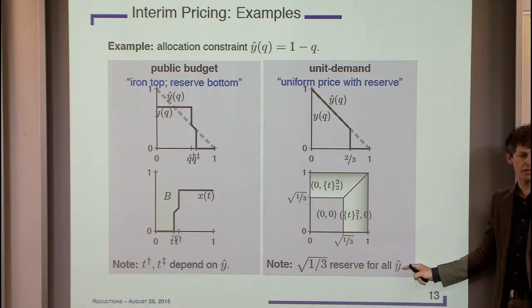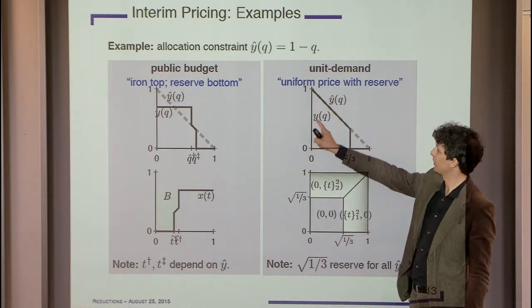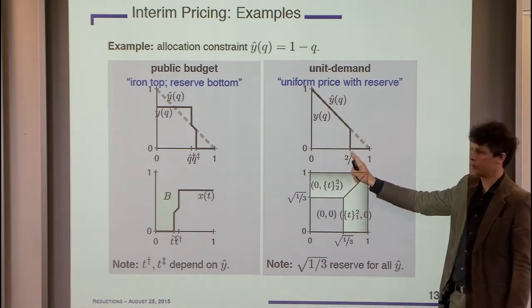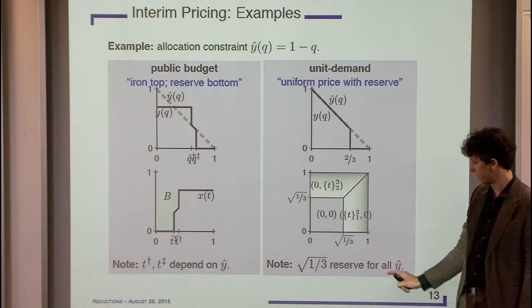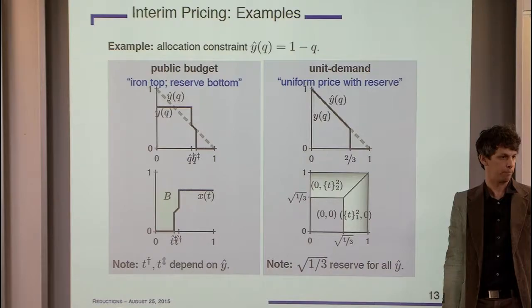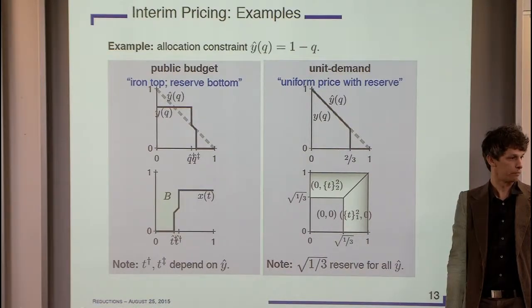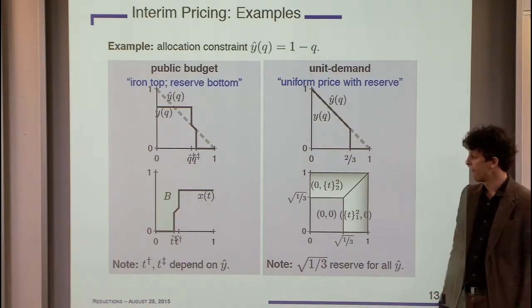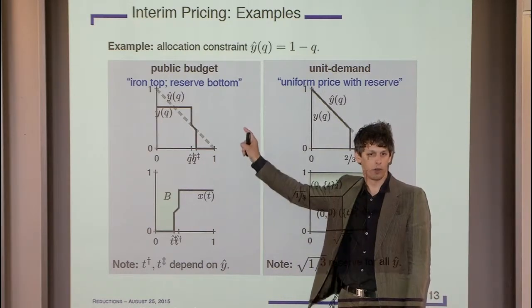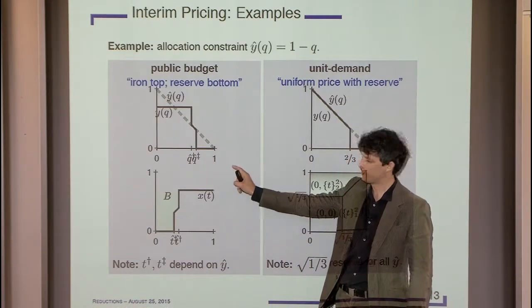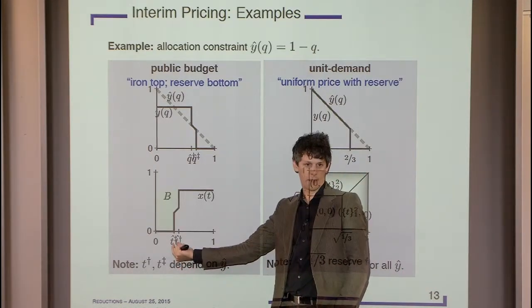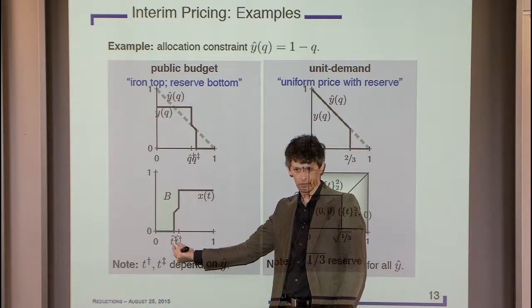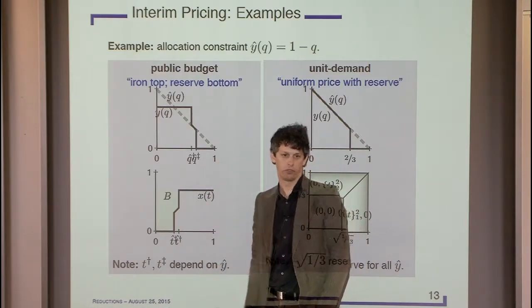Okay, for every single allocation constraint y hat, y would look exactly like y hat down to the quantile 2/3, which corresponds to a reserve of square root 1/3 in price space. Okay, that is not the same for the public budget example. These two thresholds, one of which is where you iron and one of which is where you put the reserve price, will be different for every allocation rule you choose.